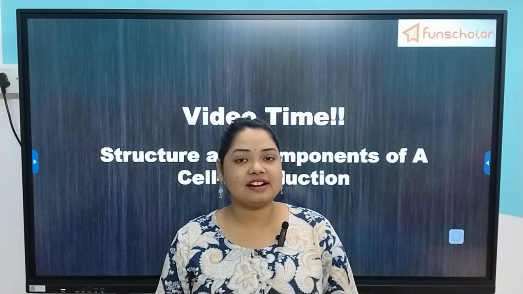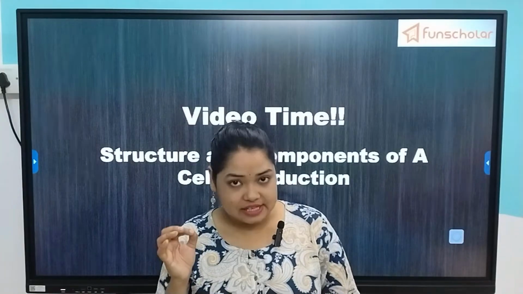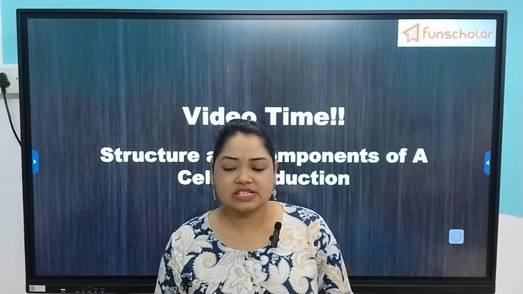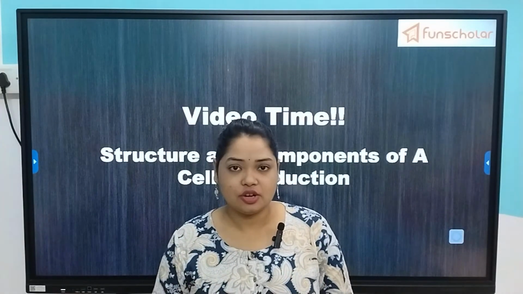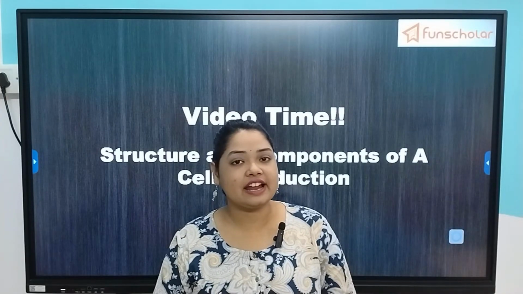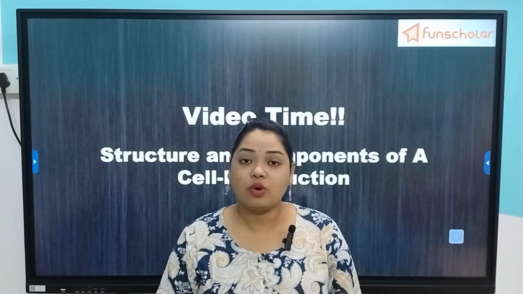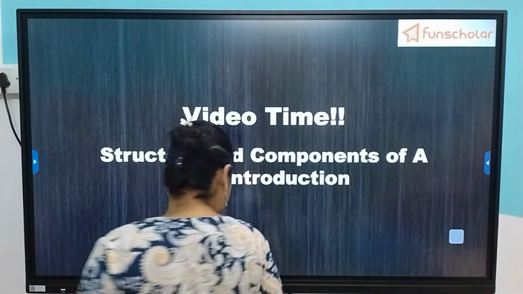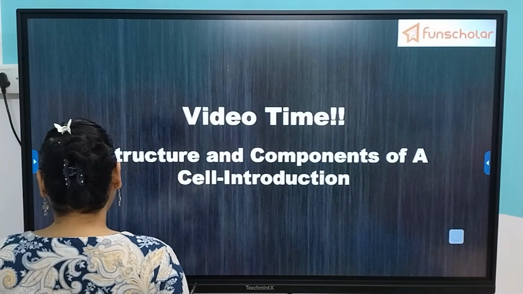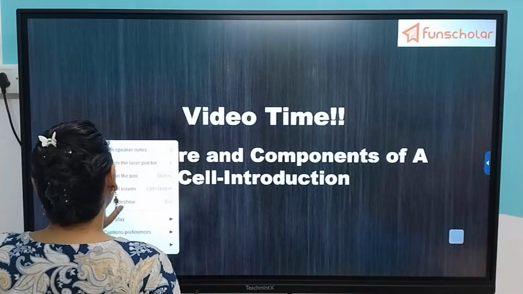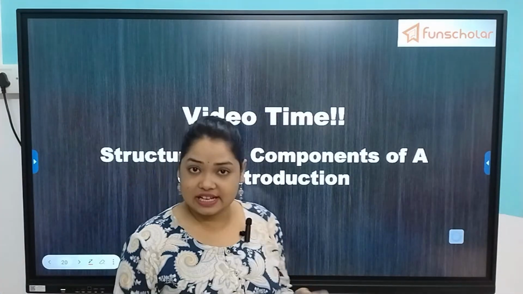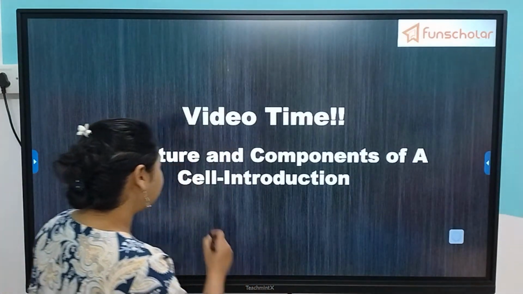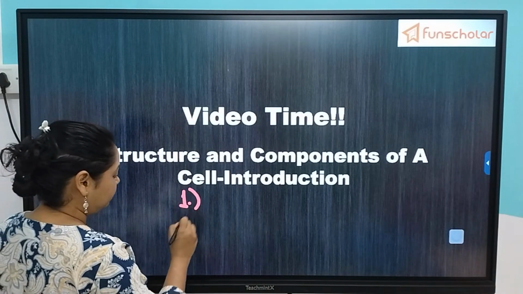But there are certain important parts without which the cell cannot exist altogether. What are those parts? The parts which are essential for the existence of the cell. There are basically three of them.